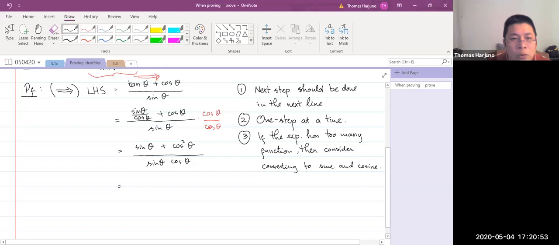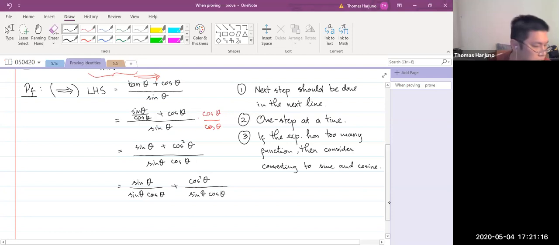This equals sine theta over sine theta cosine theta plus cosine squared theta over sine theta cosine theta.